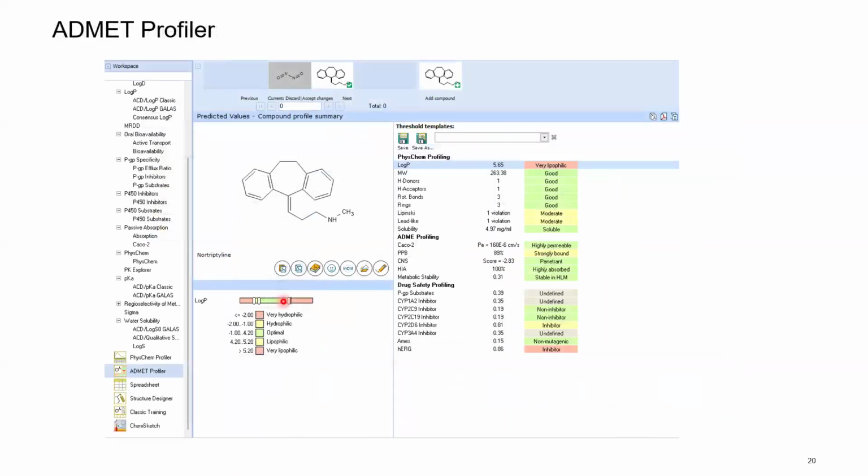And overall, then you can look at the overall profile with the ADMET profiler and see, with color coding, red to green, PhysChem, ADME profiling, drug safety. We looked at the CYP profile, and overall, it's a pretty nice profile for a drug.